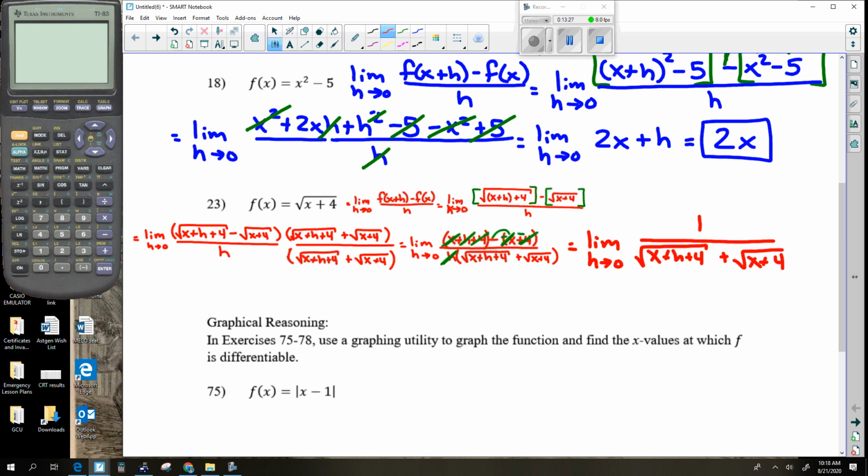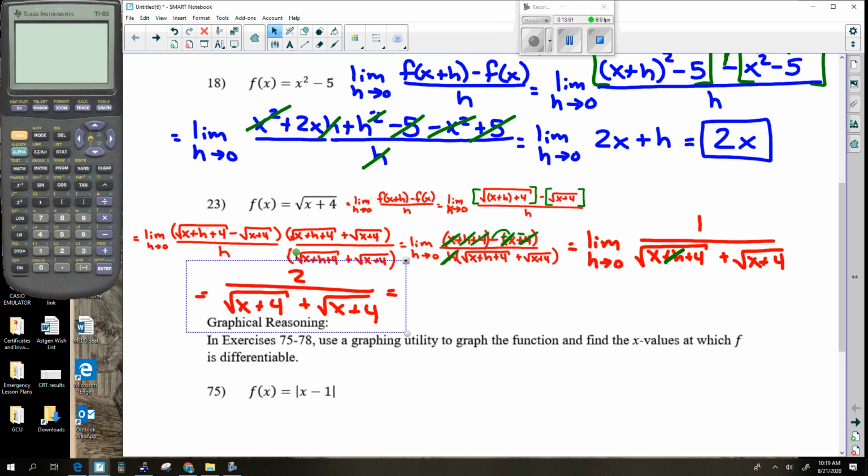Now I'm able to turn this h into a 0, and this final result will be the square root of x plus 4 plus the square root of x plus 4. Oops, sorry, getting ahead of myself. This is a 1. And so this is going to be 1 over 2 times the square root of x plus 4.